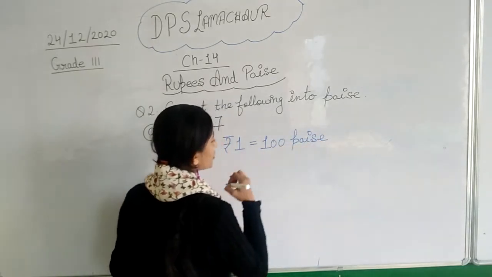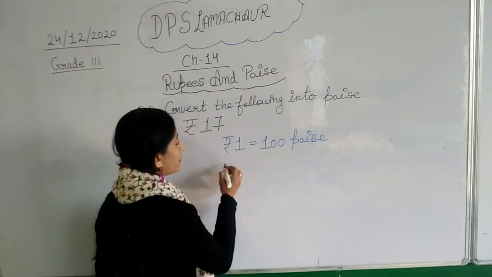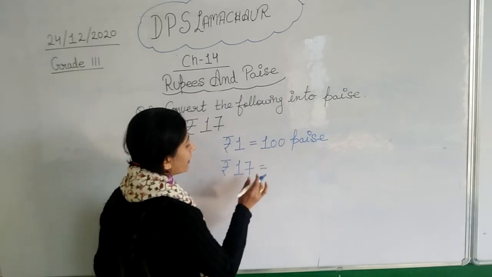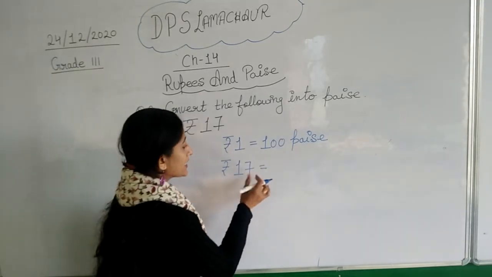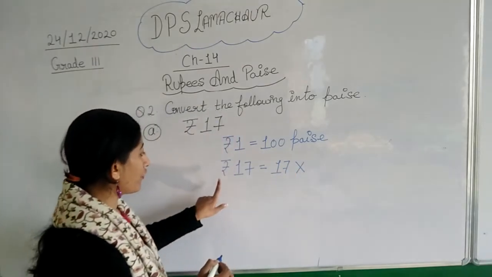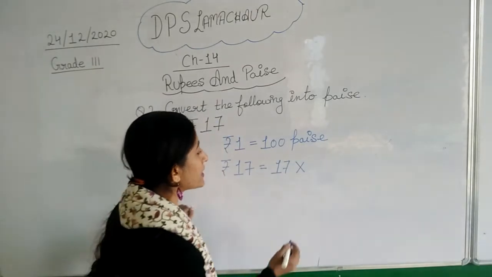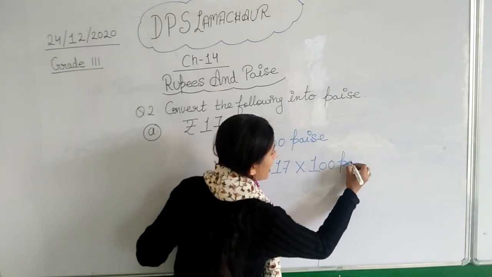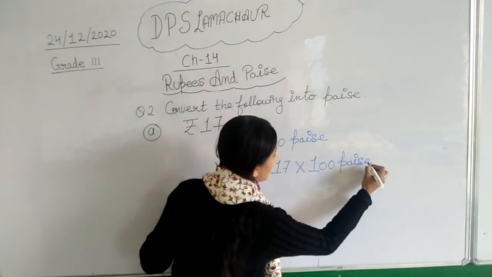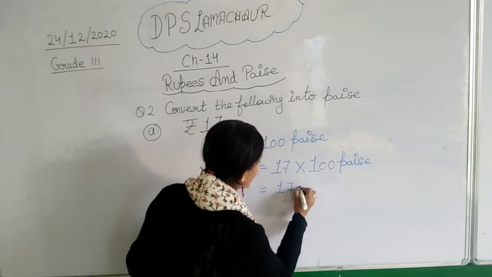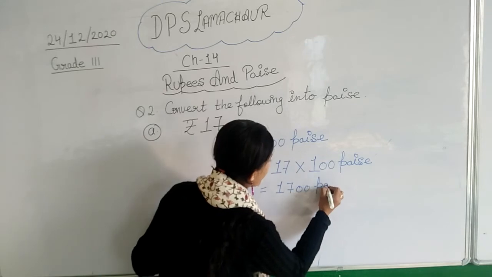Now in place of rupee 1, what are we having? Rupee 17. So we will put 17 as it is, into 100 paise in place of rupee. And what are we getting? Here we are getting 1700 paise.